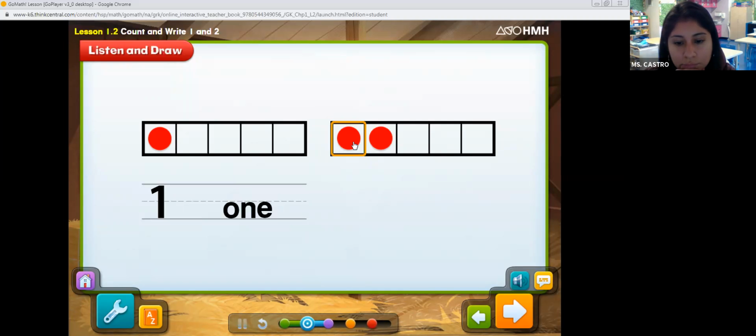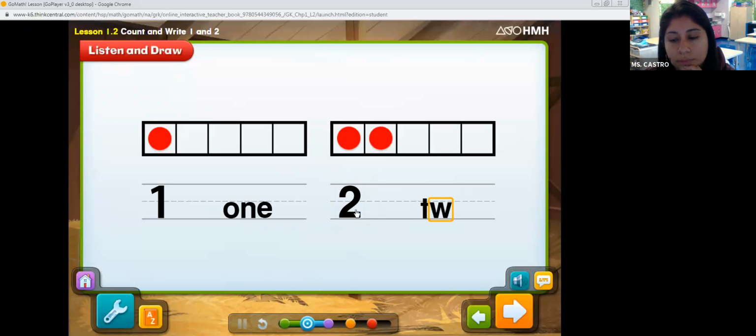1, 2. There are 2 counters in the 5 frame. How do you show the number 2? 1, 2. Since the last counting word is the number of objects in the set, this set has 2 counters. This is the number 2. Let's write the word 2. Click the number 2. T W O 2.